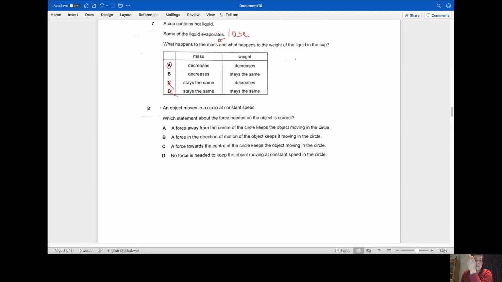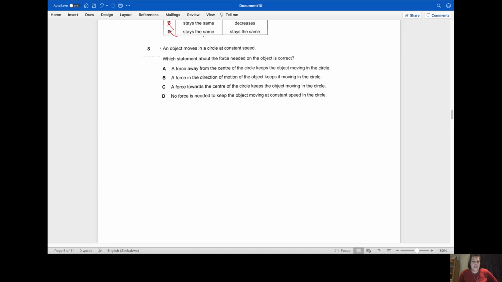Let's say the liquid was 1 kg, that means its weight would be 1 times 10. If that was to decrease to 0.5 kgs, the weight would now only be 5 newtons, 0.5 times 10. So if the mass decreases, which it does because you're losing liquid, the weight is also going to decrease. So your answer for that was A.